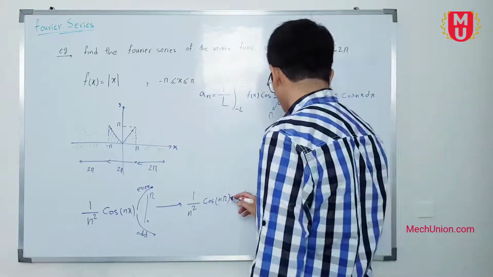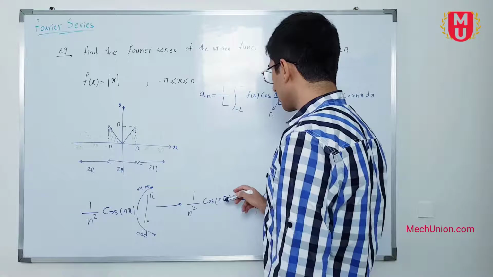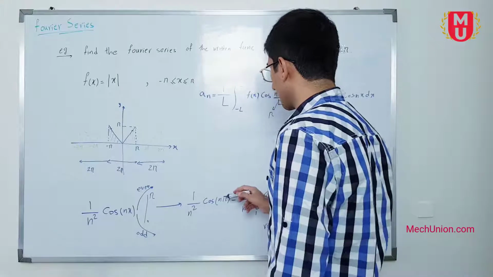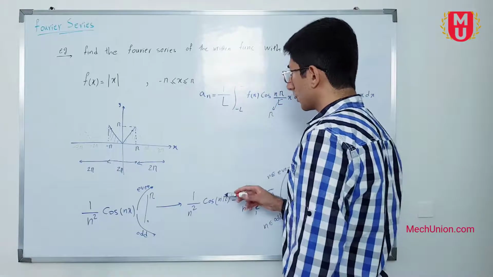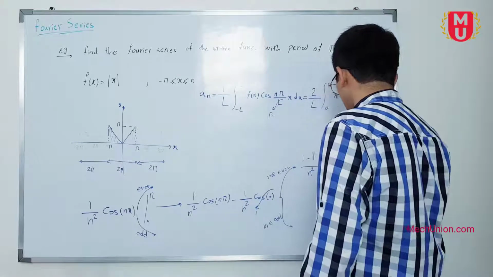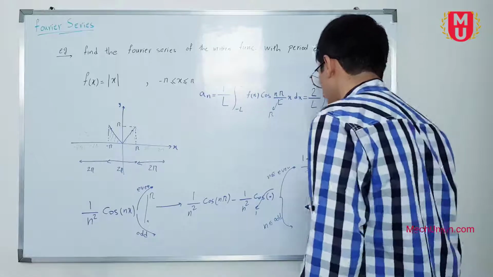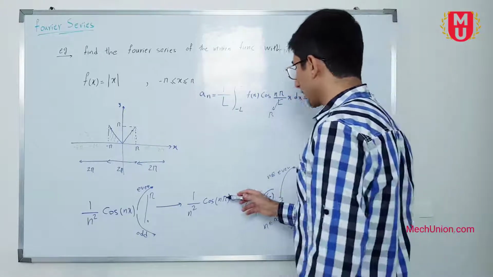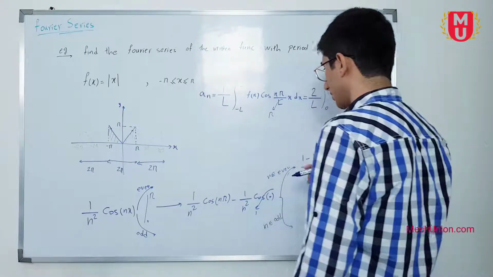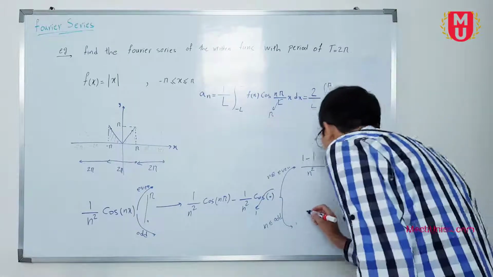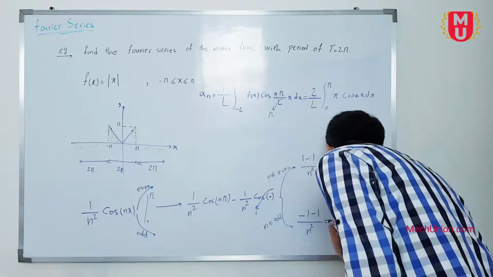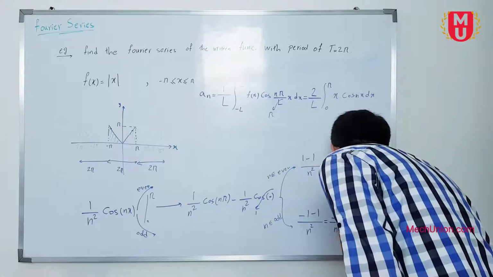Cosine of n pi, if n is an even number, you can put 2 pi, 4 pi, 6 pi, it is all 1. 1 minus 1 will become 0. If it was an odd number, cosine pi, cosine 3 pi, cosine 5 pi, it is negative 1, so negative 1 minus 1 over n² will become minus 2 over n².